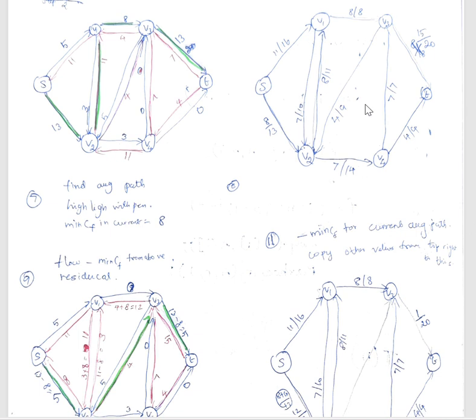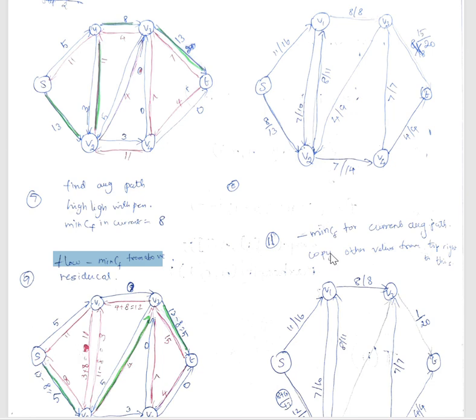After this one, again we need to draw. Initially we take the flow minus the min CF, like in this flow 13 minus 8, 5. For the previous flow here, 11 minus 8, 3. So for the previous flow we need to subtract the minimum value.